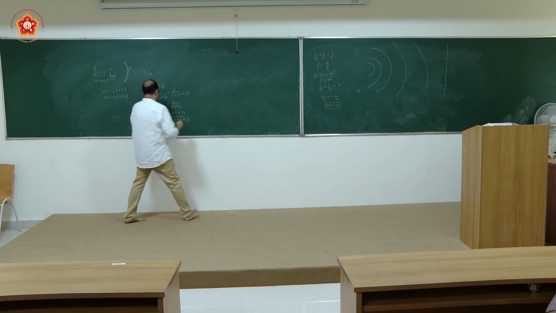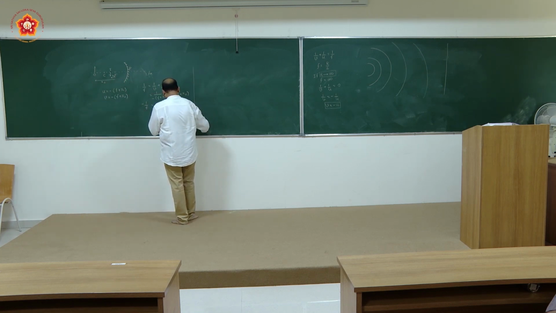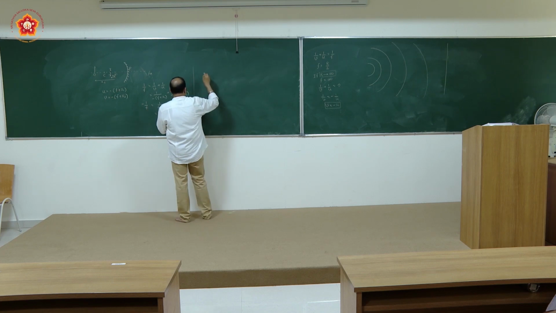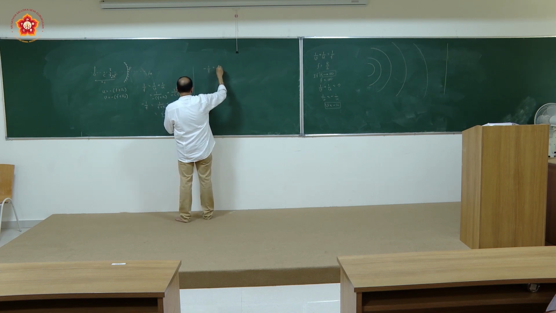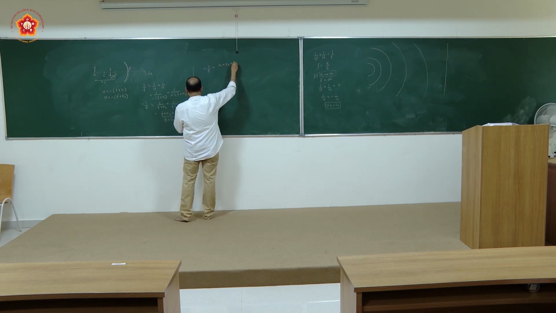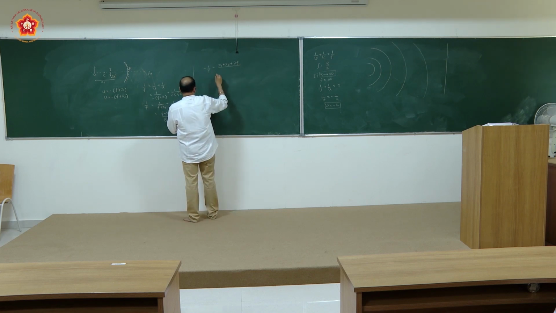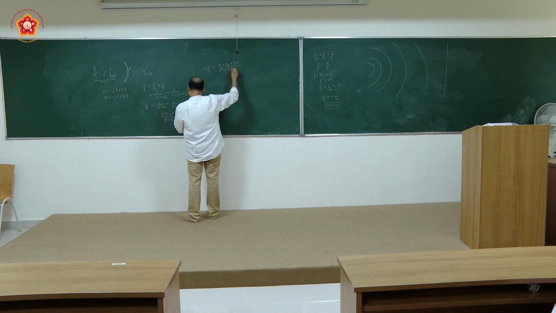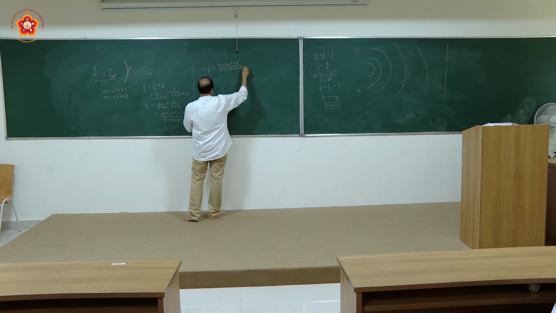So if you further solve it, what you will have? This will be giving you minus of 1 by f is equal to x1 plus x2 plus twice f divided by f square plus x1f plus x2f plus x1x2.